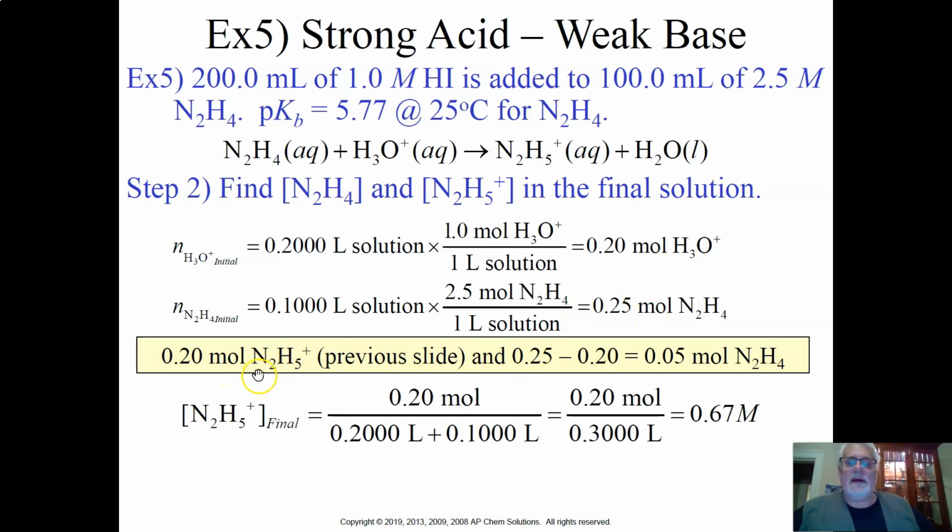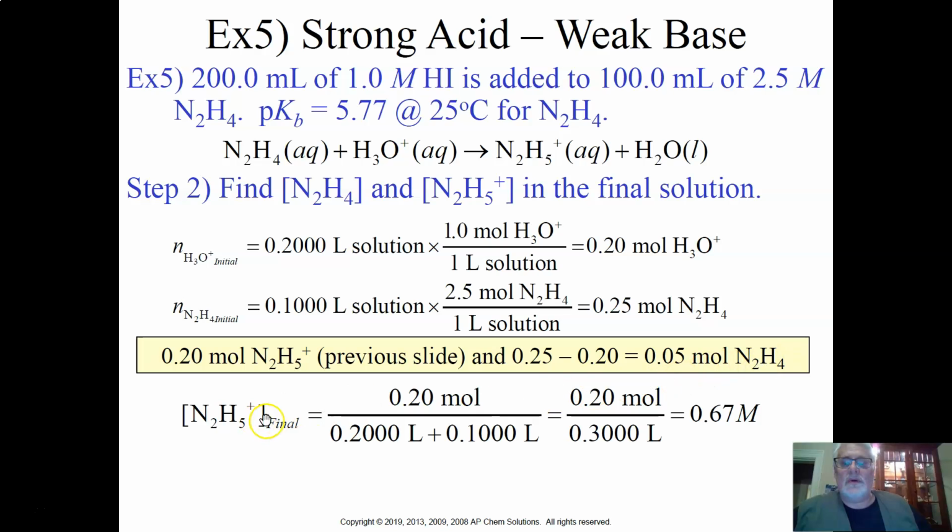Remember that you can see that there's 0.20 moles from the previous slide. So to figure out the N2H5 plus, you just subtract them, and that's the excess amount that you have.